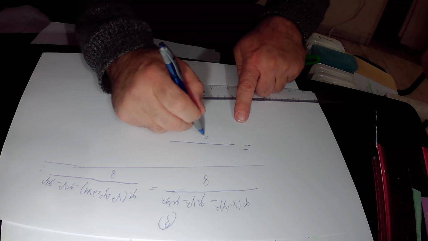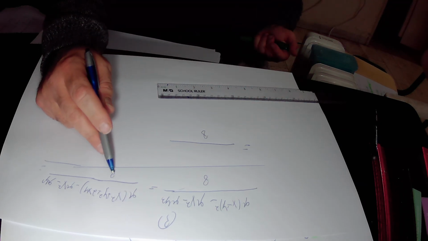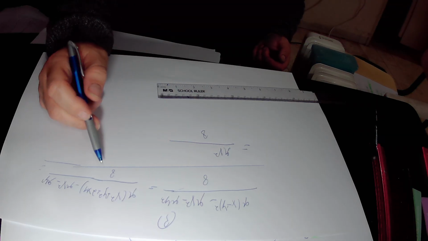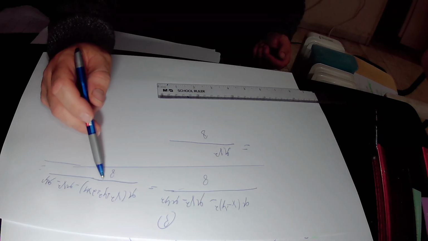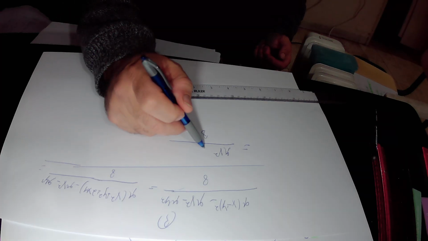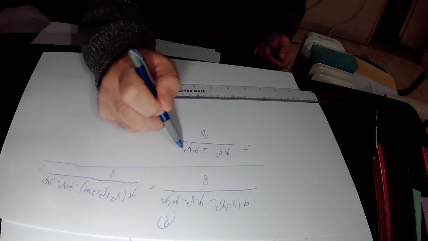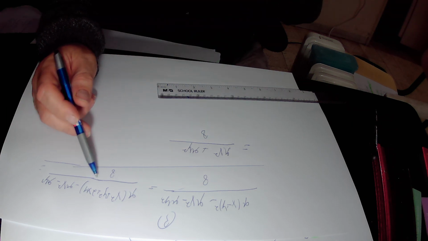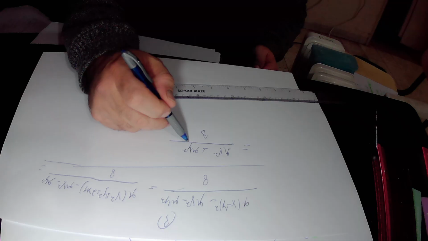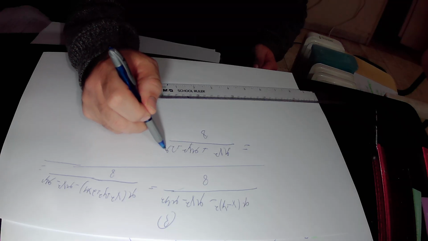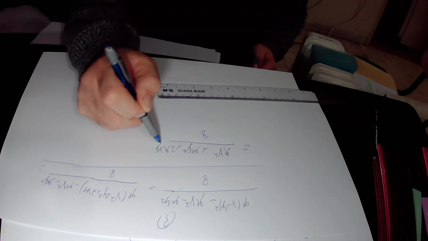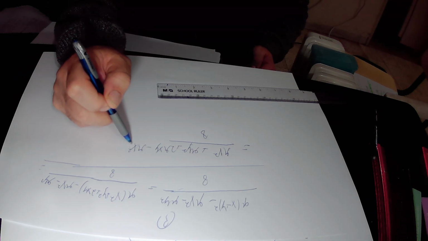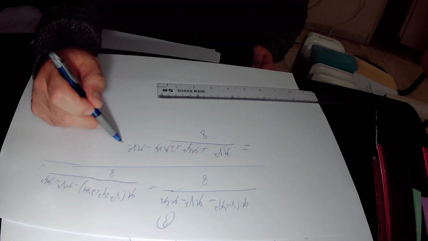in the numerator we have 8 pi times x squared is pi x squared, times pi times y squared is pi y squared, times pi times 2xy equals 2 pi xy, minus pi x squared, minus pi y squared.